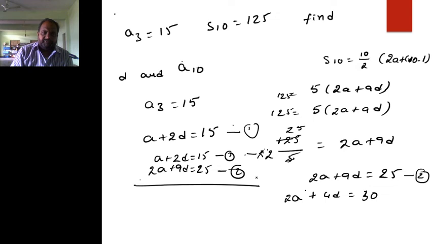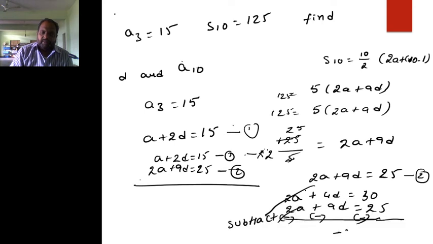Subtract the second equation from the first. 2A cancels. Minus 5D is equal to 5. D is equal to minus 1.